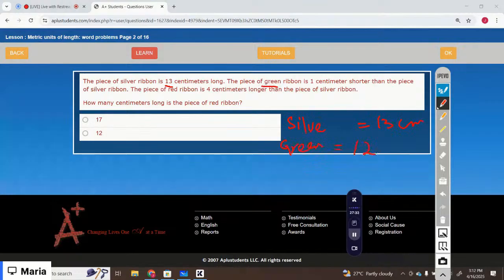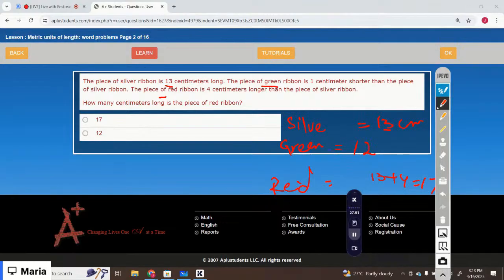The green ribbon is 1 centimeter shorter. Subtract 1 from 13, 12 it is. The piece of red is 4 centimeters longer than silver. So add 4 to silver. 13 plus 4 equals 17.